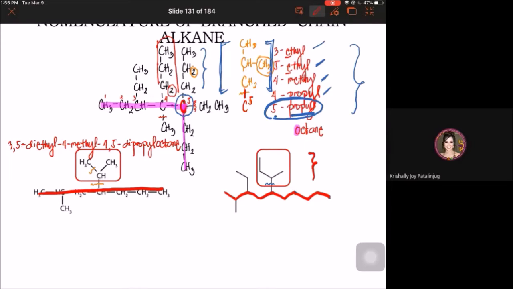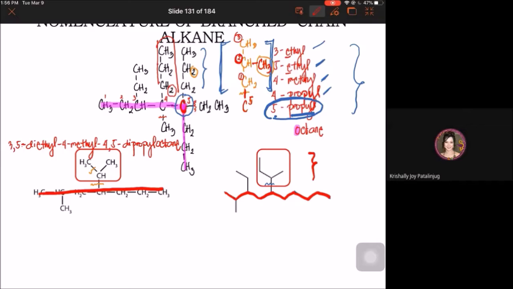Meaning, the carbon directly attached to the parent chain is carbon 1. Then find the longest chain for that complex alkyl substituent. So, 2, 3. Most probably it is a 3-carbon alkyl group, but on carbon 2 there is a sub-branching in the form of methyl.